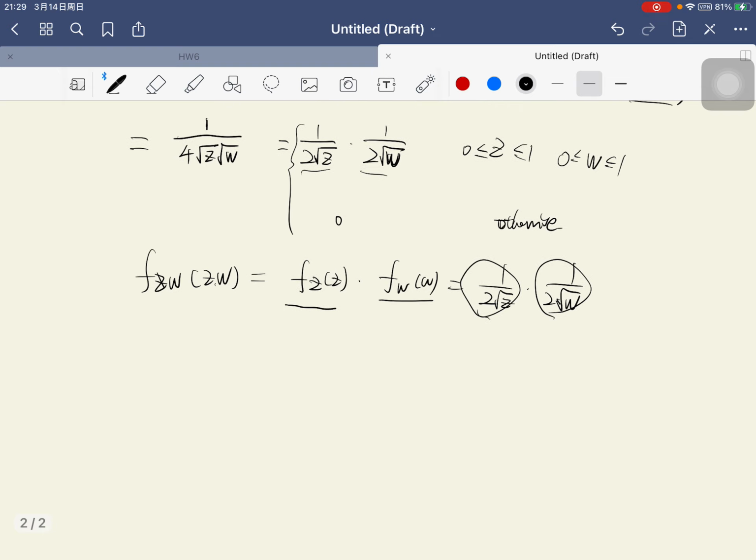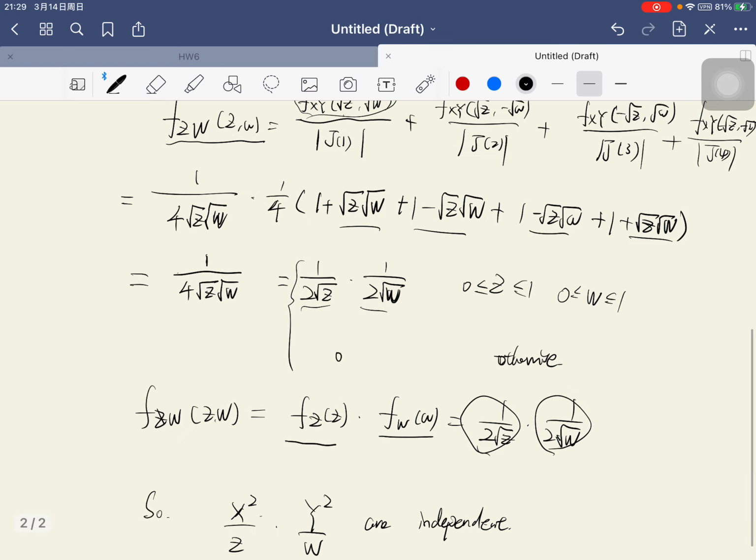So x to the power of 2, z, and y to the power of 2, w, are independent, because the density function of (Z, W) is equal to the density function of z times the density function of w.